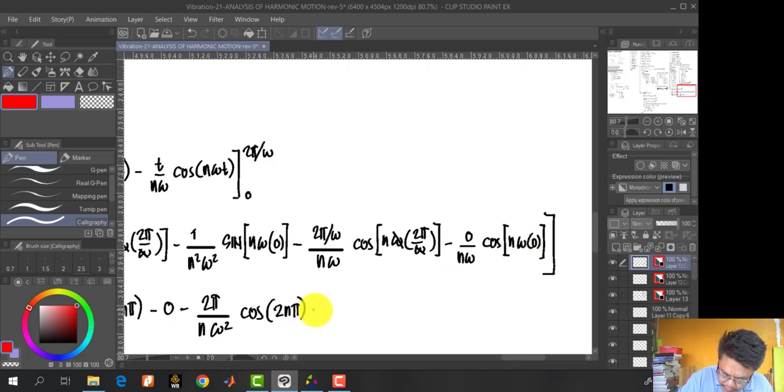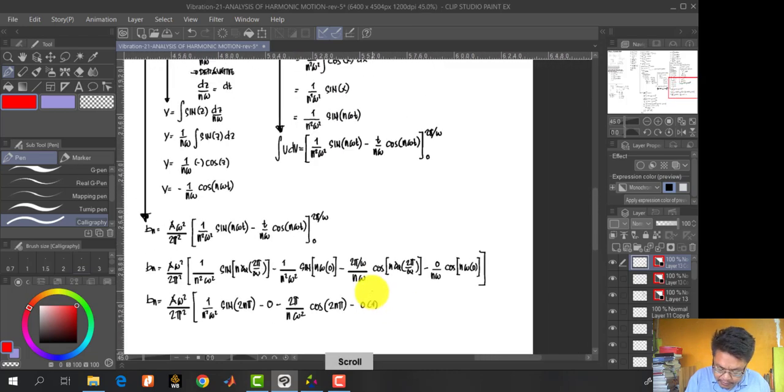And we can say that, if you press it in your calculator, cosine of 0 is equal to 1. This one is 0. 0 divided by any value will still be 0. And also cosine of 0 is 1, so we can put 1 here. Eventually, you multiply it anyway, so again it will still be 0.